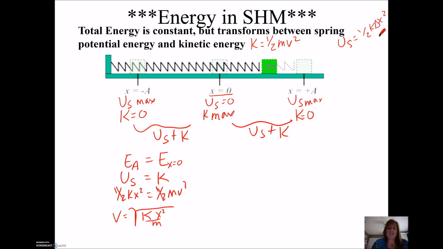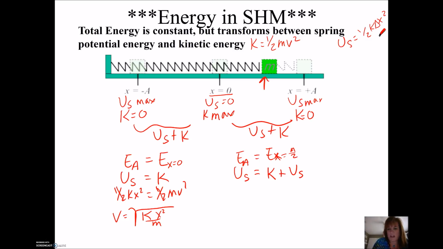If I'm anywhere else, let's say somewhere at half the amplitude, maybe, then the energy at the amplitude would be equal to the energy at x equals A over 2. I'm making that up. So we'd have our initial spring potential energy at the amplitude, and that would equal the kinetic energy plus the spring potential energy when I'm at this partial amplitude.